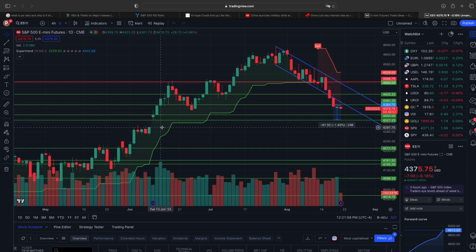Then have a gap fill and move lower to 42.92, or maybe this 4,300 whole number. So definitely want to watch that. We're just barely holding on right here.